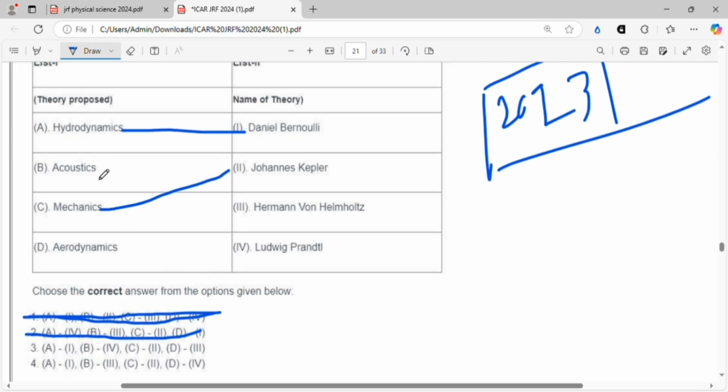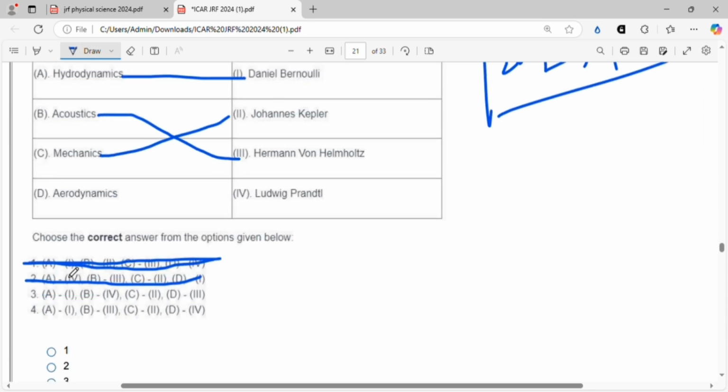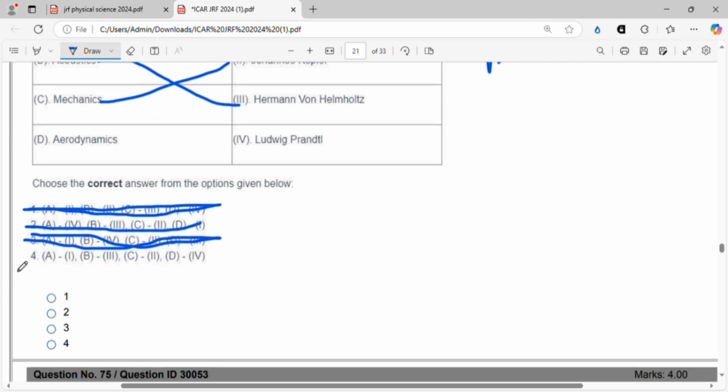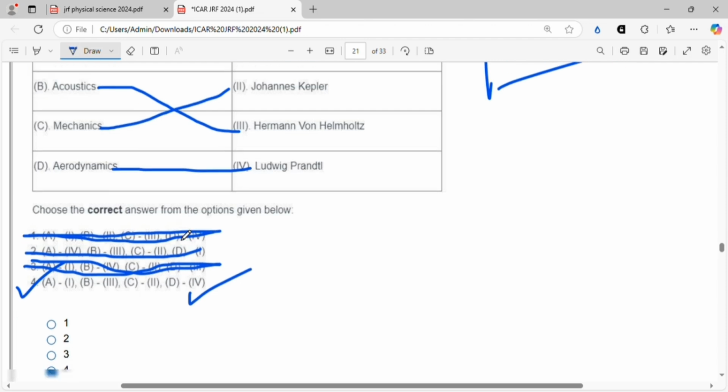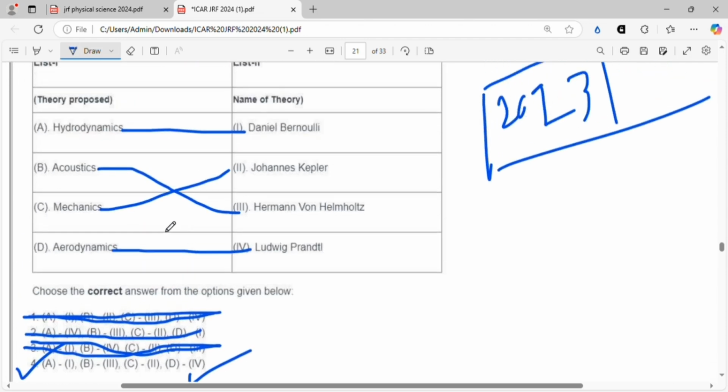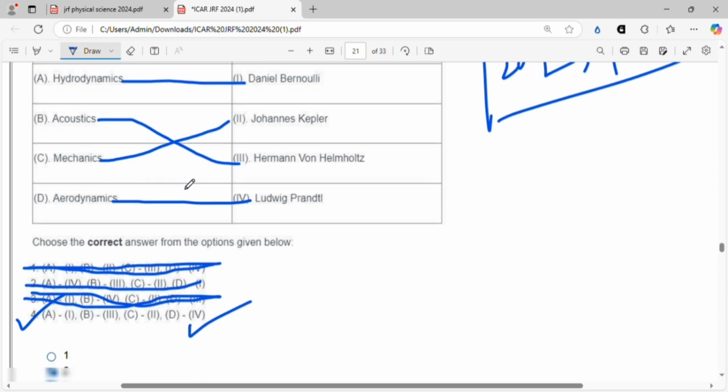And acoustics was given by Helmholtz. So B will be 3. And finally, we get our correct answer, that is option 4. Aerodynamics was given by Ludwig Prandtl. Alright, so it is A1, B3, C2, and D4. Fine. Let's move on.